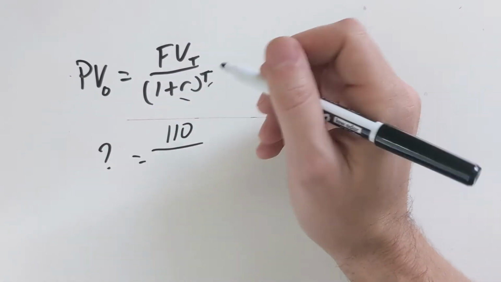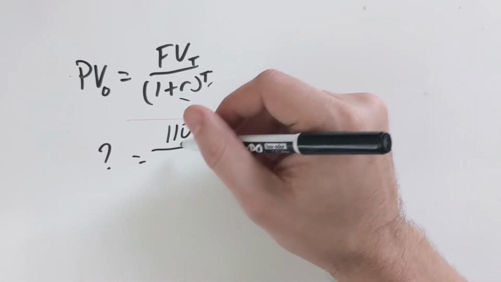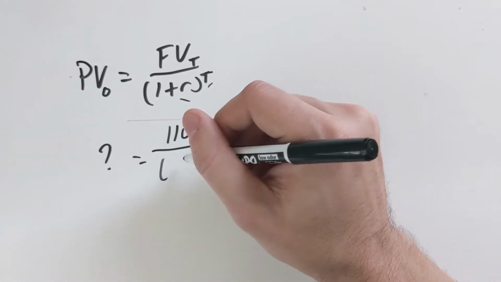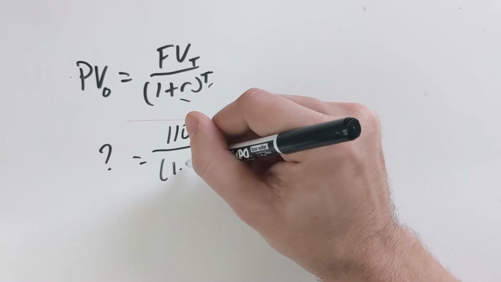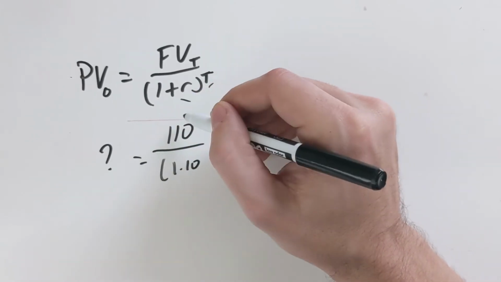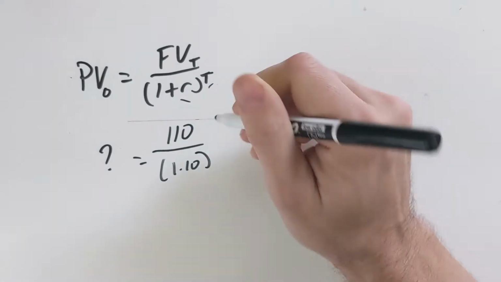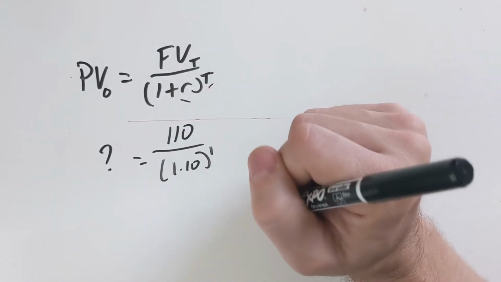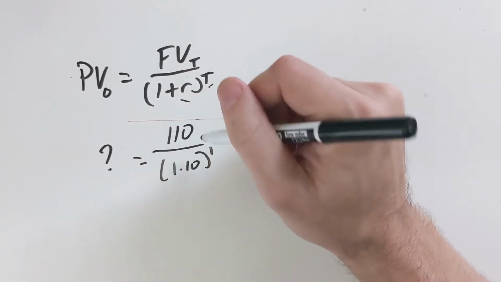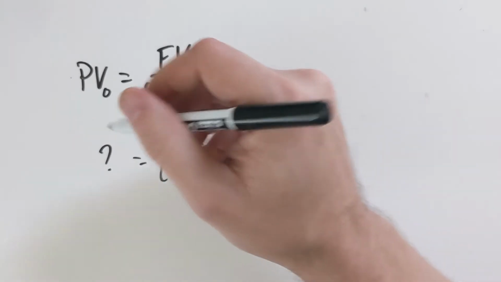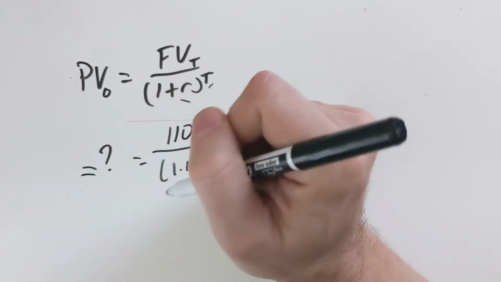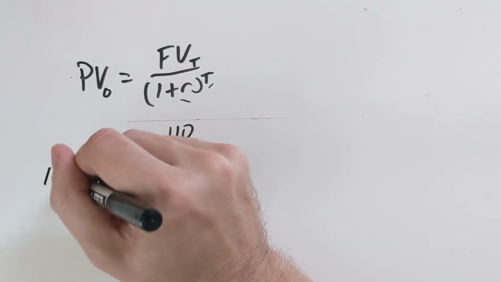So again, let's say that we're 1 year out in the future, and let's say that the interest rates in the market are 10%. Well, that means R is 0.1 or 10%, and I add that to 1, so I get 1.1, and my T is going to be 1 because I am 1 year out in the future with this value. Well, that means the equivalent value today would be equal to $100.